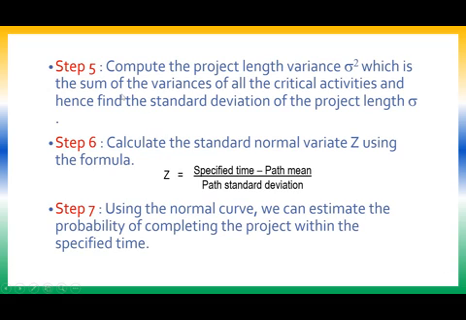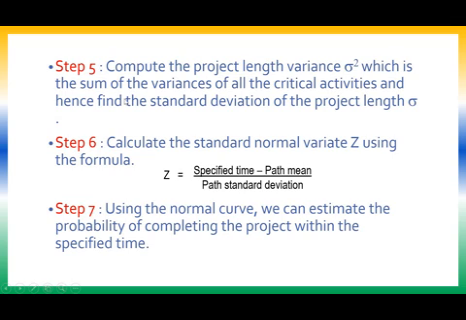Then step 5, compute the project length variance, the overall project variance. First you had computed individual activity variances. Now I am computing the overall project variance. So the overall project variance sigma square is the sum of the variances of all the critical activities, right?